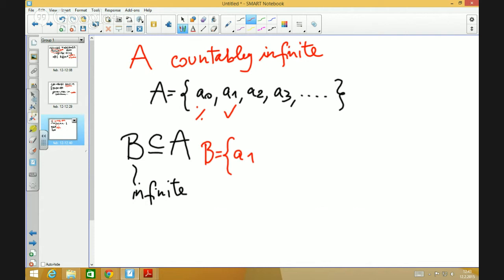Then I ask, is A2 in there? The answer is no. Is A3 in there? If the answer is yes, I write it. And you can see that I can continue like this, enumerating all of the elements of B. And I never run out of them because B is infinite. So in this way, I enumerate all of the elements of B. That's why B is going to be countably infinite.